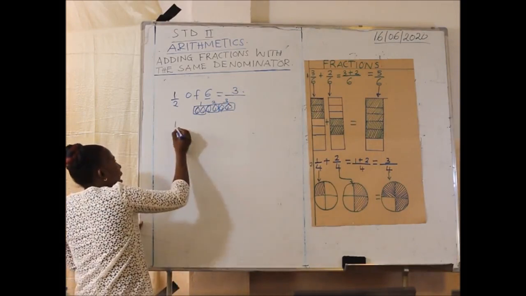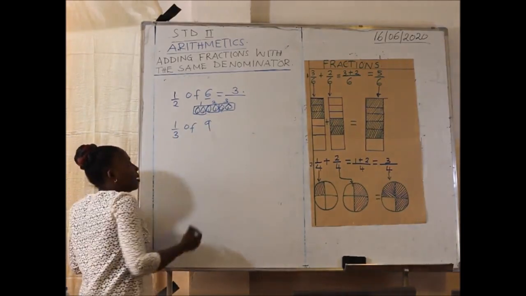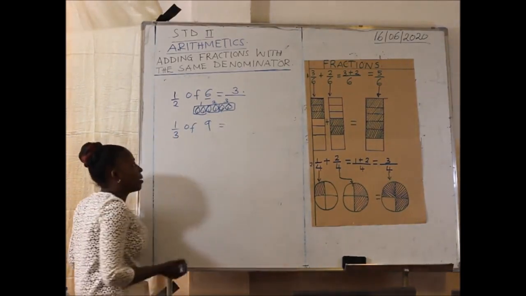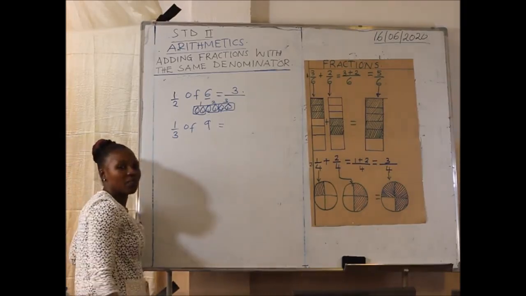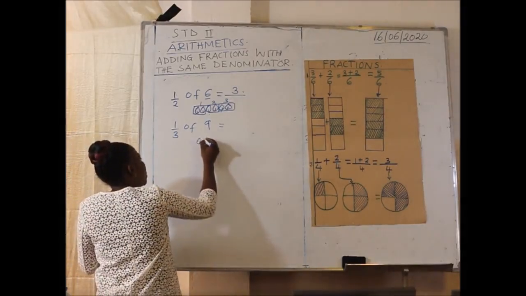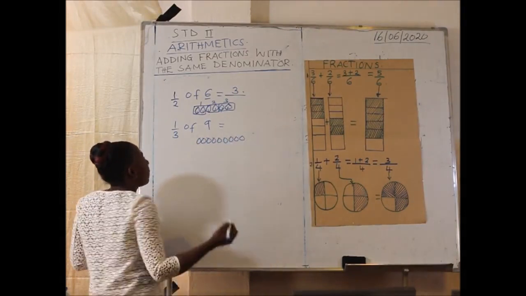What if you are given a third of 9? What will be the answer then? You have to draw counters according to this number, which stands for the number of items. So 1, 2, 3, 4, 5, 6, 7, 8, 9.